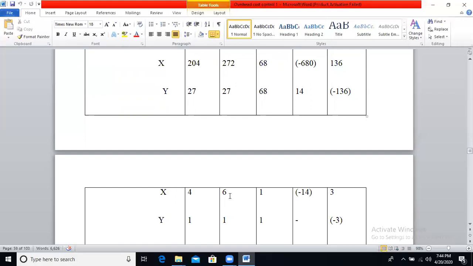Then 14 into 40%, you will get 5.6, consider it as 6. And 14 into 10%, you will get 1.4, round it off to 1. So add these three values: 4 plus 6 plus 1, you will get 11. If you deduct 14 minus 11, the remaining balance 3 should be reapportioned to the Y department.